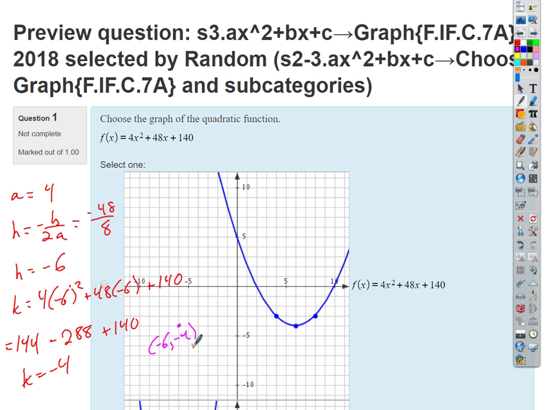So we're gonna multiply the y values by 4. So what's the easiest one to use? 1. Instead of going over 1 and up 1, we're going over 1 and up 4. So over 1 and up 4 puts us right there. We can reflect that one over the axis of symmetry to get another point right there. And so this is the graph we're looking for.